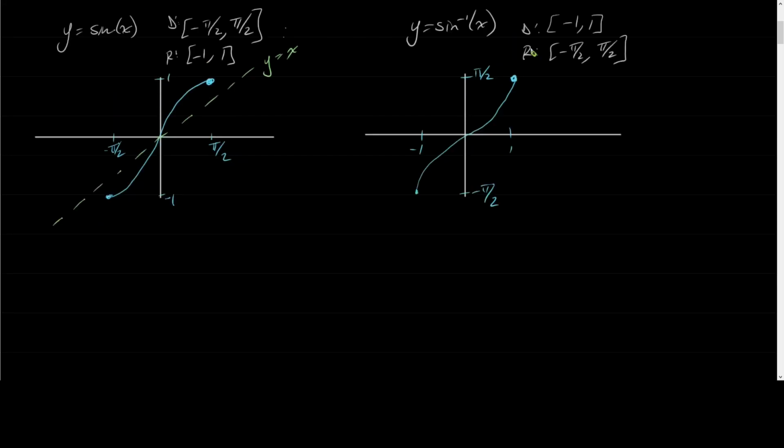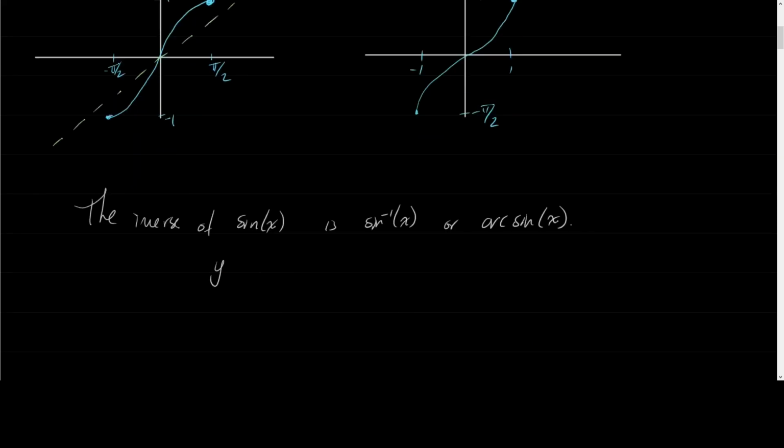Now, maybe we should define something here. In general, we can say that the inverse of sine of x is sine inverse of x, or arcsine of x. Either way, those two are saying the same exact thing: sine inverse or arcsine. And when I have something like y is equal to arcsine of x, this is equivalent to saying that sine of y equals x.